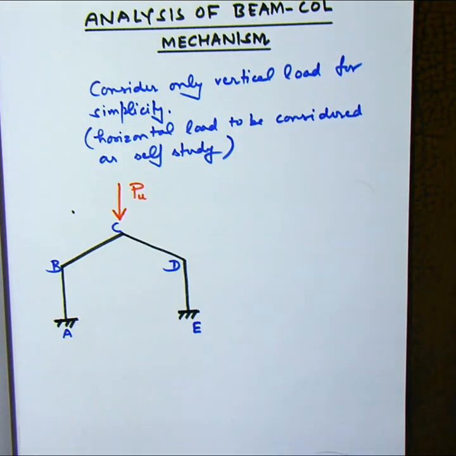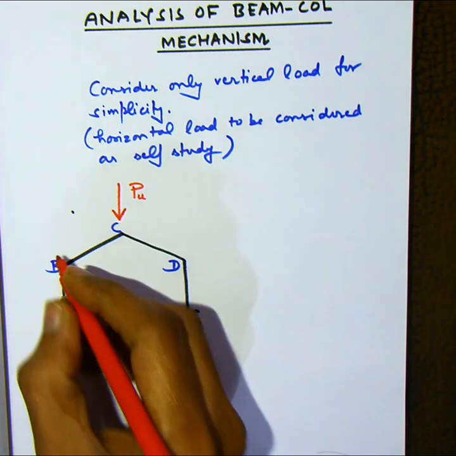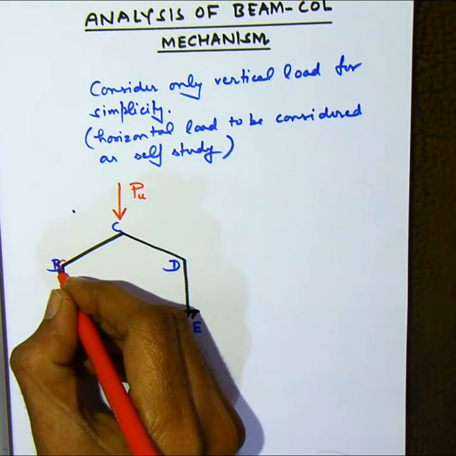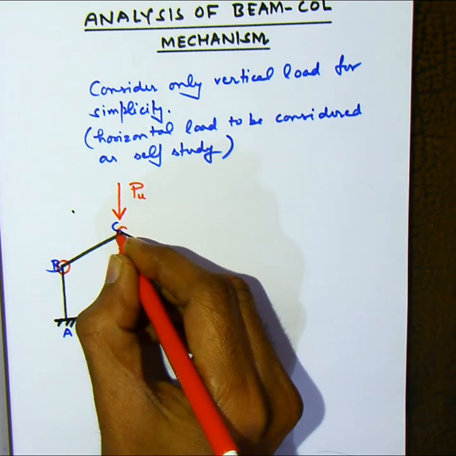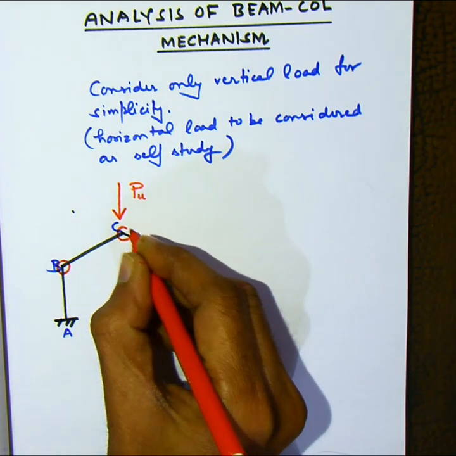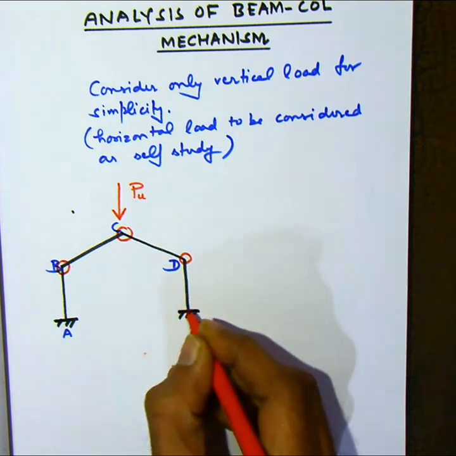So we can consider either the case that the bottom of the right column is a hinge or the left column is a hinge. Here we are considering the right column, that is point E, as the hinge. That means the drifting will be towards the right. So if the right column is hinged, the components drift to the right.